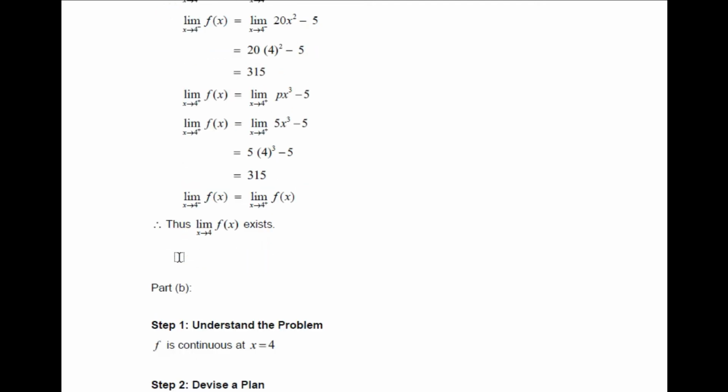So we can conclude that the limit of f(x) as x approaches 4 from the left is equal to the limit of f(x) as x approaches 4 from the right. Thus, this proves that the limit of f(x) as x approaches 4 exists.